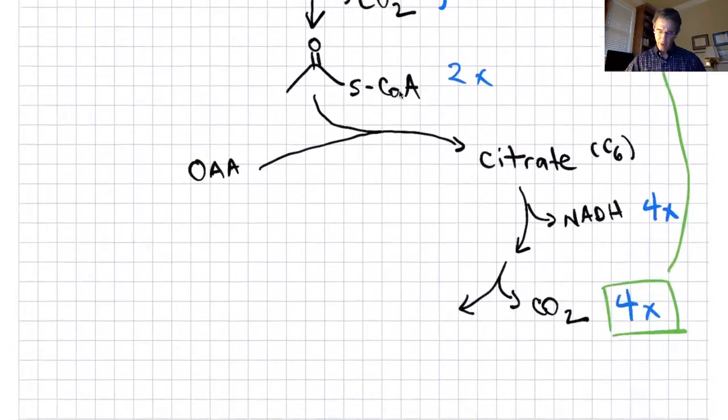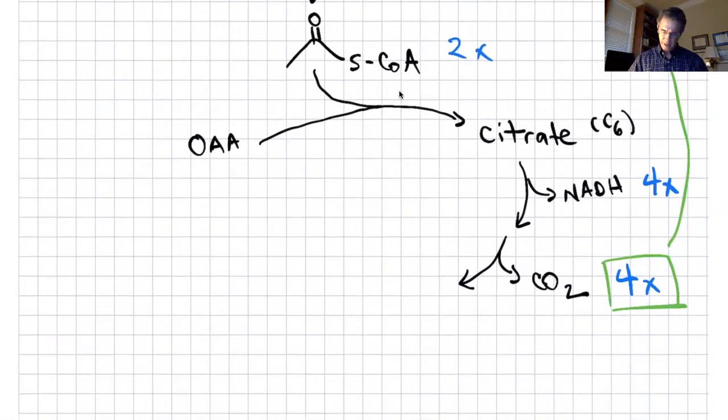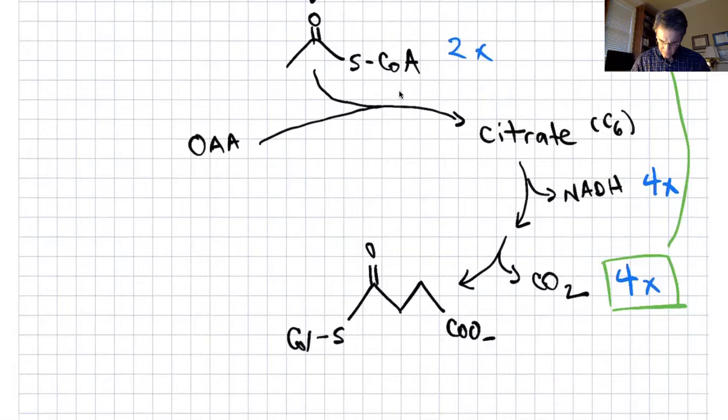There's only one problem. Remember, what was our product at the end of phase 1, when we came through that alpha ketoglutarate dehydrogenase reaction? Remember, we synthesized this activated thioester compound, succinyl-CoA, right?